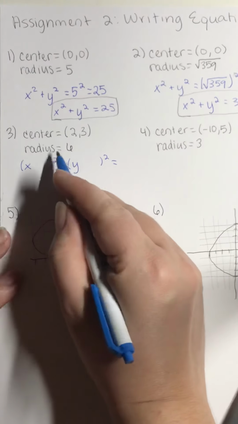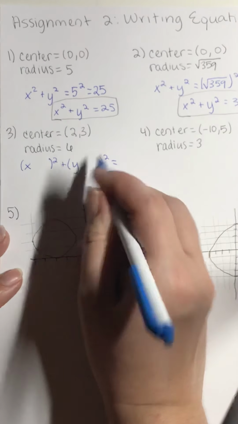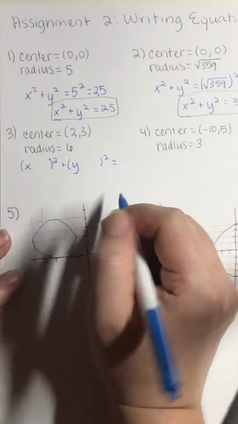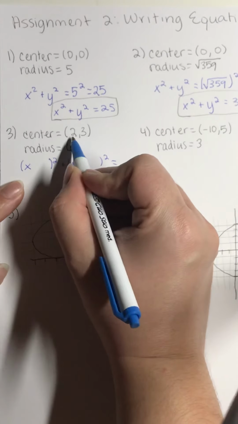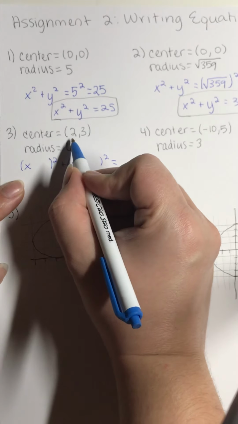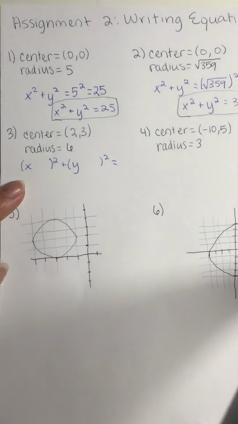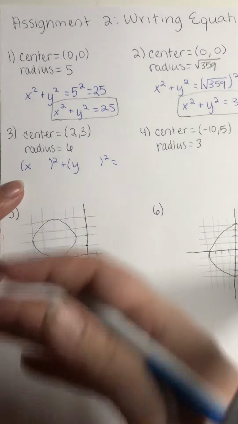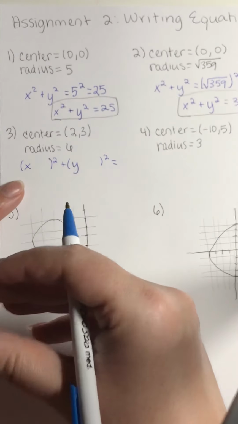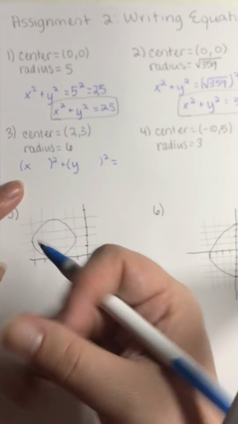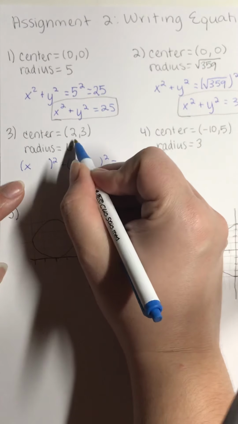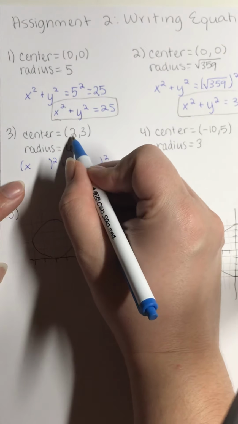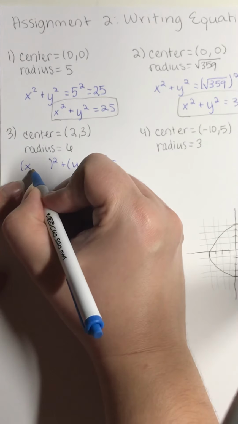X something squared plus y something squared equals r squared, right? So the number next to our x is going to be the number from our center coordinate. But the same way when we had our equation and we identified the center, we flipped it, we do the same thing when we're writing the equation as well. So if the center is positive 2, then when we write our equation, we need to flip that sign.